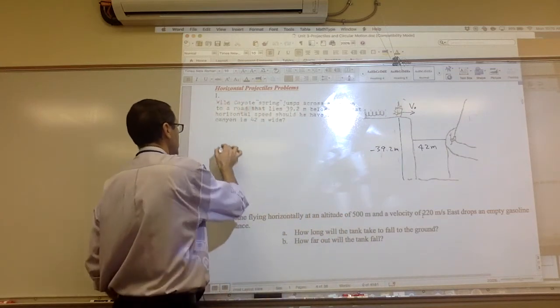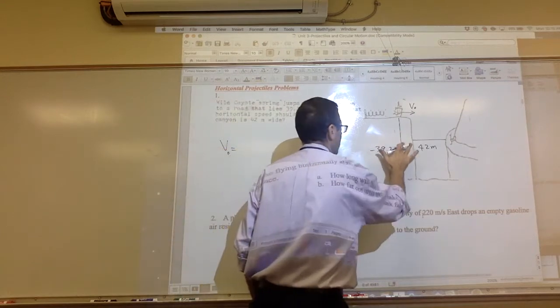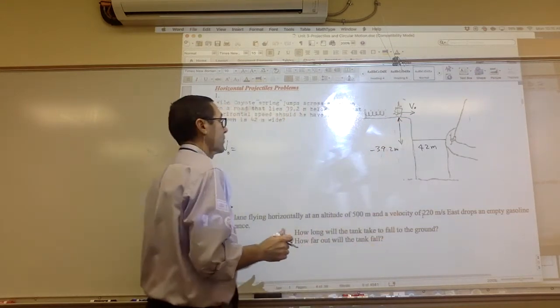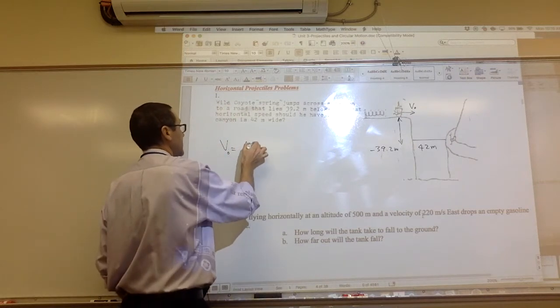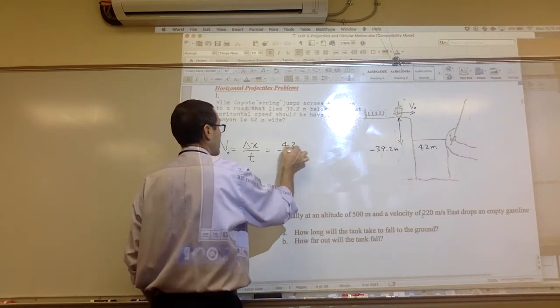If I want to find the initial velocity, I have to start with the horizontal stuff. So V0 equals delta x over time, which is equal to 42 over time.